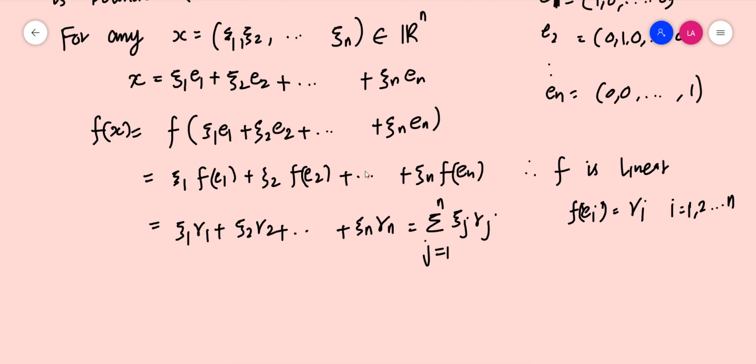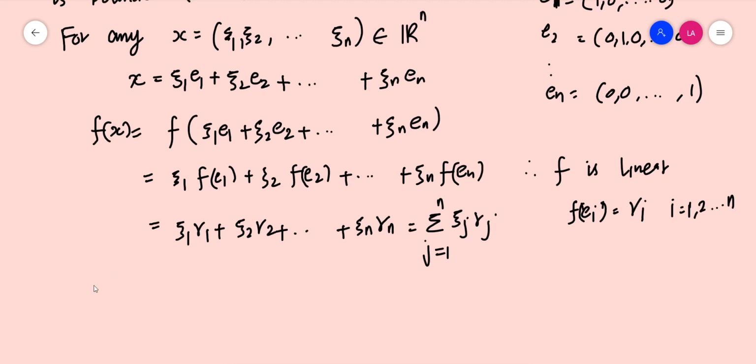Now, in order to establish that Rn is isomorphic to its dual, the first thing we have to know is the norm of the linear functional. It should preserve the norm. So we need an understanding of the norm of f. To find the norm of f, we have to find modulus of f of x by norm x.